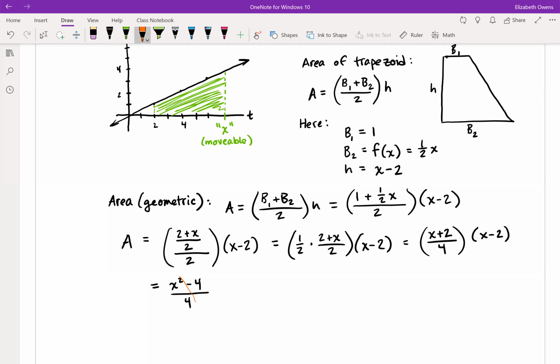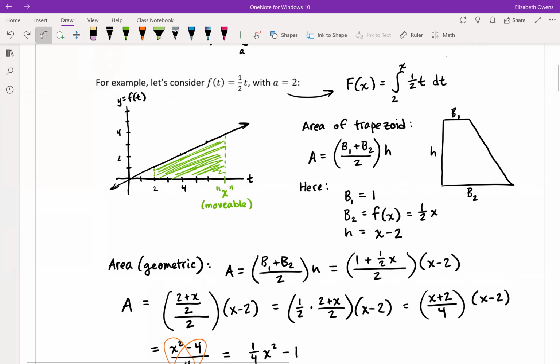To split that up a little, let's do some division. That would give us 1/4 x squared minus 1. So that finds the area beneath our curve here, from 2 to x.